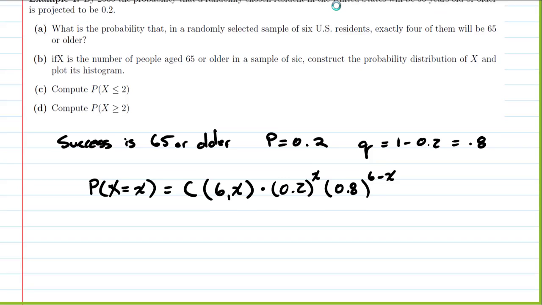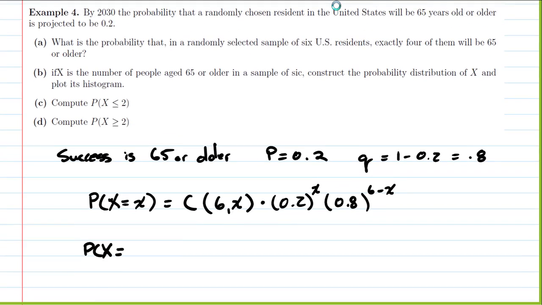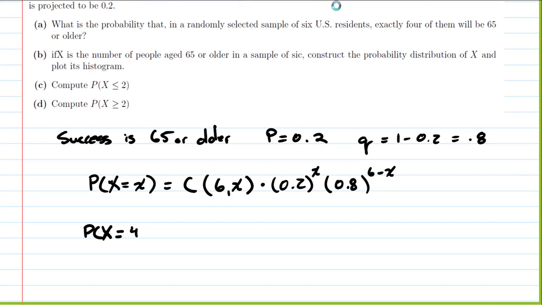And we want exactly 4 people, so the probability that big X is equal to 4 is going to be 6 choose 4 times 0.2 to the 4 times 0.8 to the 6 minus 4, which is 2.